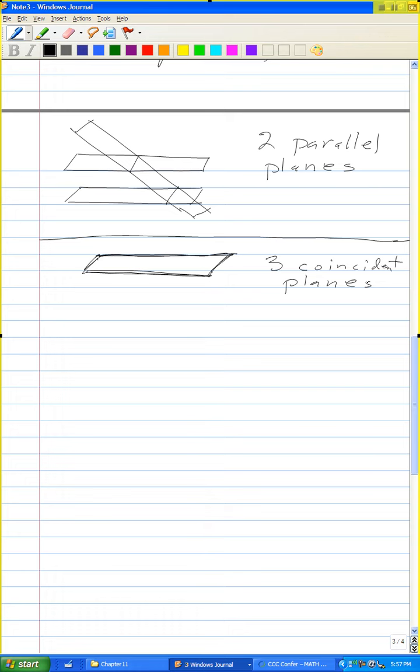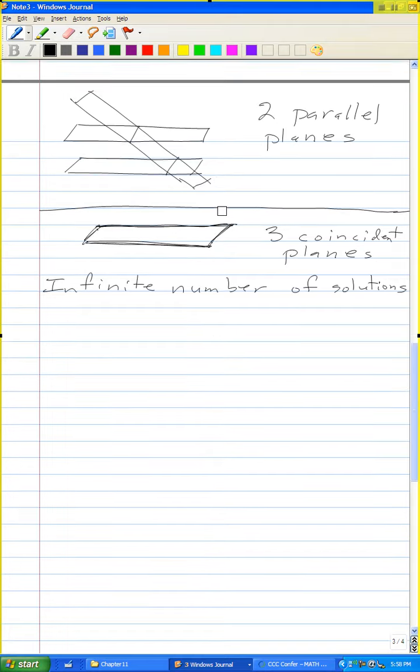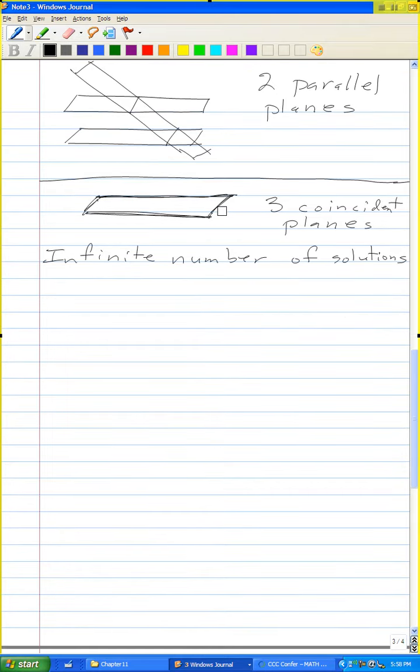In which case, we have an infinite number of solutions. In fact, every point on the plane will be a solution. And so the solution is every point on that plane.